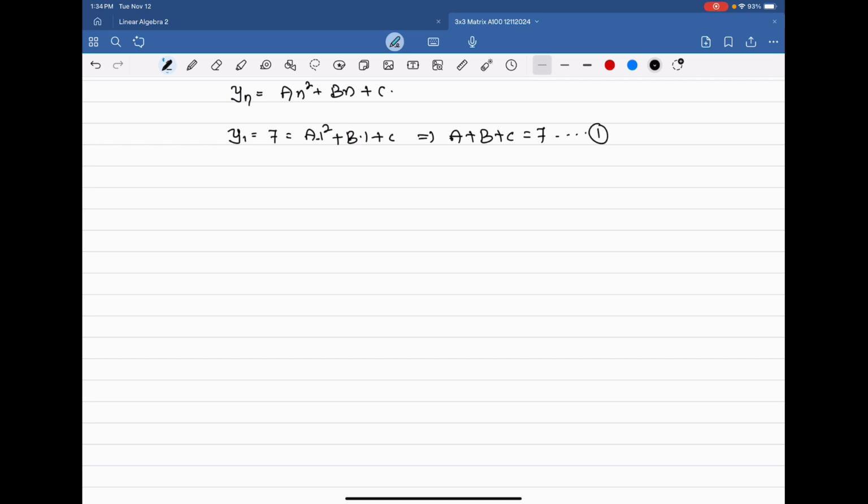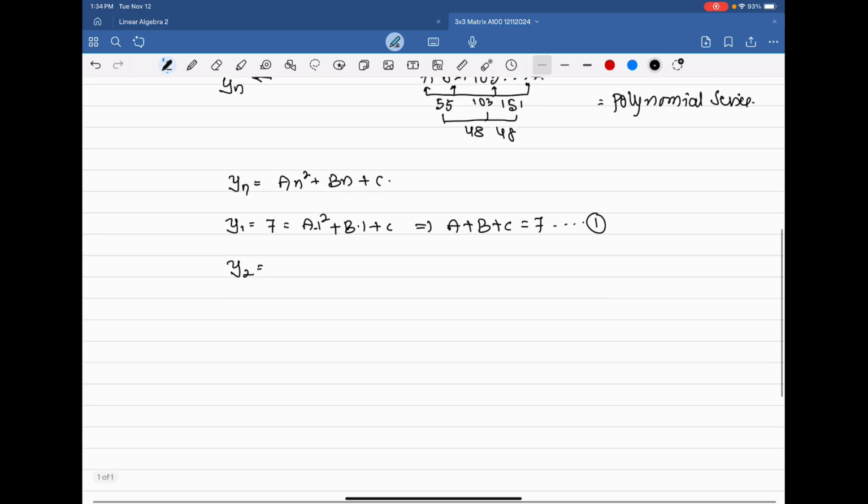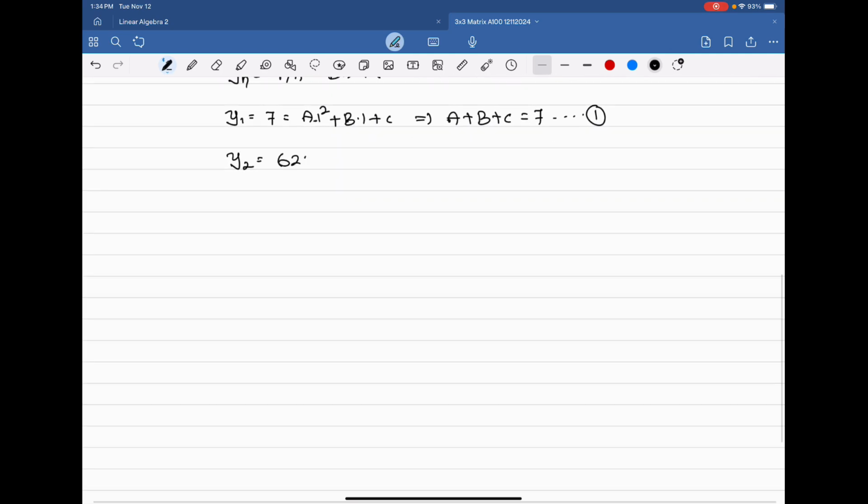This is one equation I have got from the value of y1. And y2 is equal to 62. It is 62 is equal to a into 2 square plus b into 2 plus c. That implies 4a plus 2b plus c is equal to 62. This is the second equation.